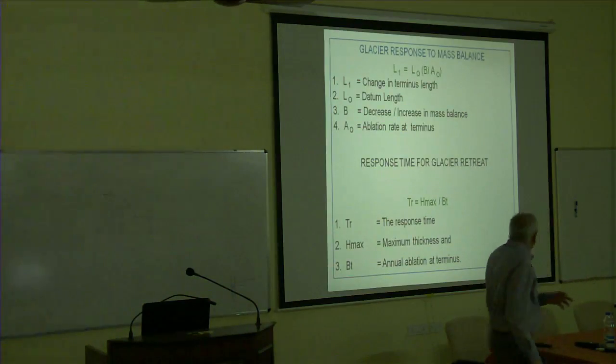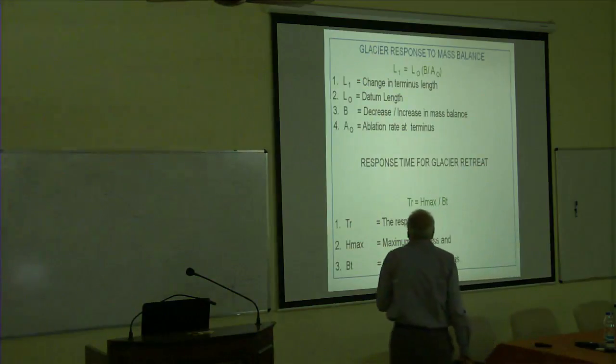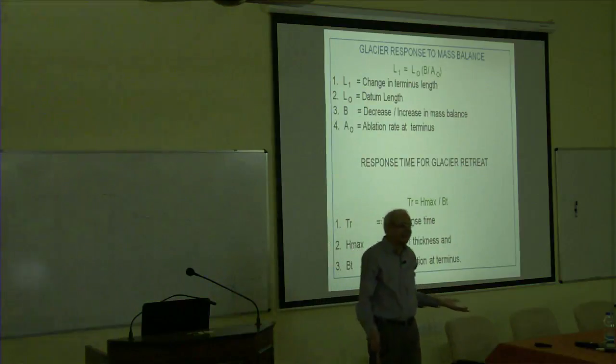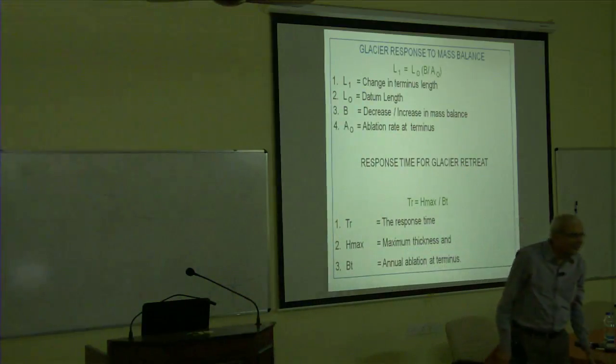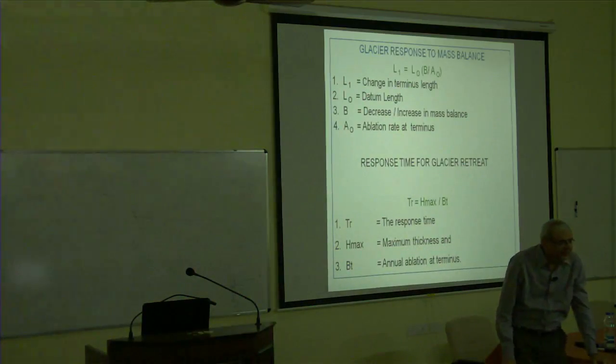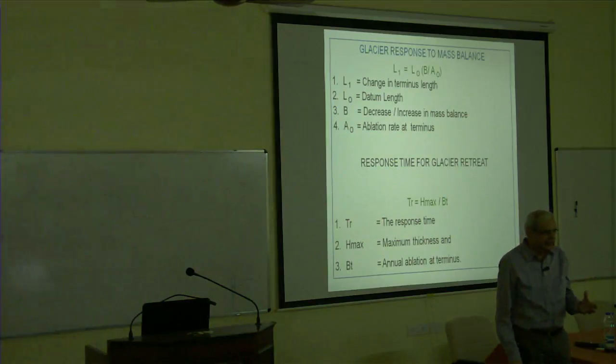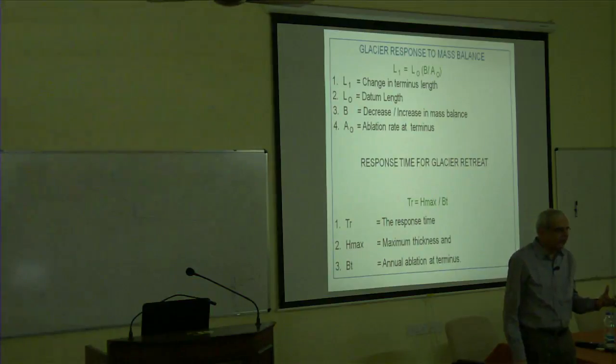And then another key problem is how much response time, how many years it is going to take. Right? Will it happen in 2 years? That means if glacial mass is changing, as in the earlier equation we said 0.37 to 0.17, how long will it take the glacier to complete the cycle and come to the steady state condition again?